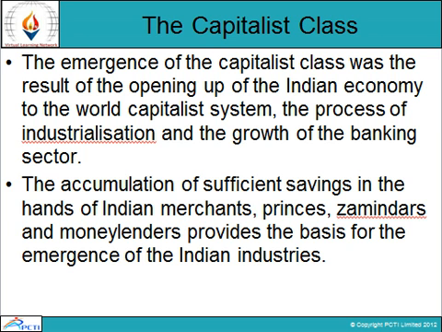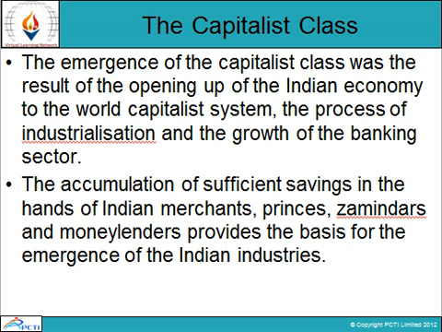Next is the capitalist class. The emergence of the capitalist class was the result of the opening of the Indian economy to the world capitalist system, the process of industrialization and the growth of the banking sector.